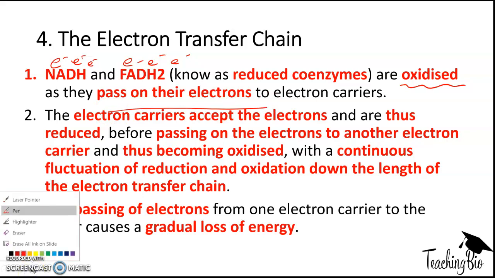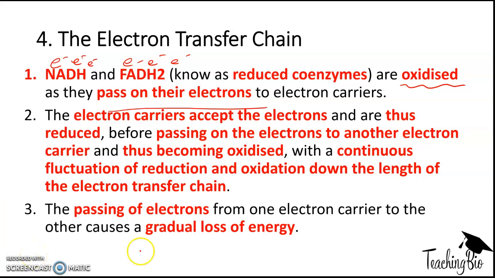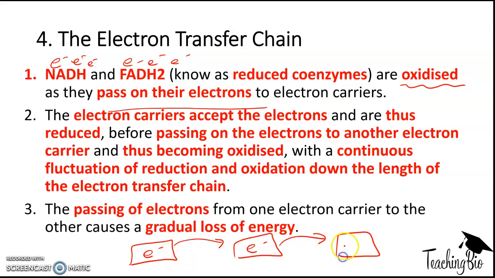The electron carriers accept the electrons, and they basically pass the electrons on in a series from one electron carrier to another, like so. So they pass it from one to another, therefore there is this sort of continuous fluctuation of reduction and oxidation reactions down the length of the electron transport chain.